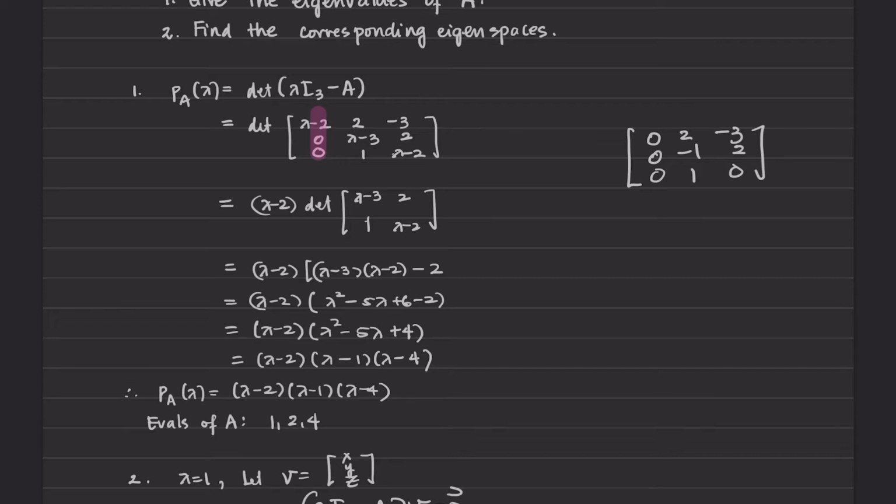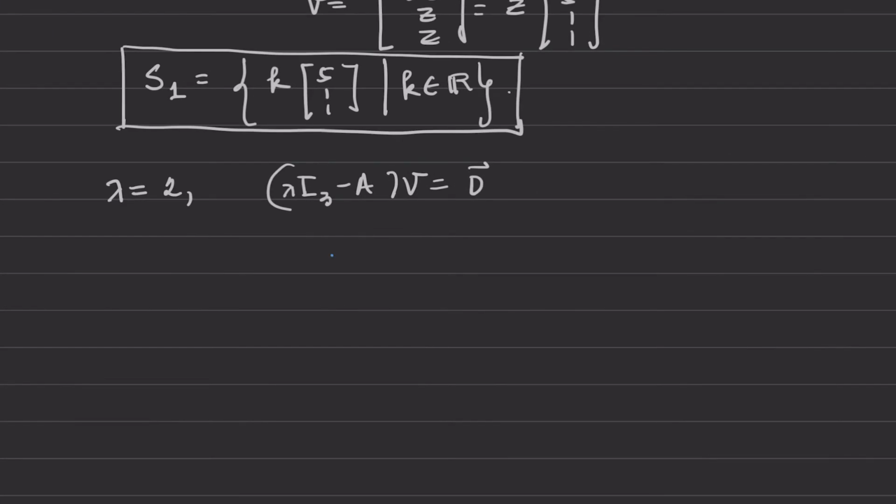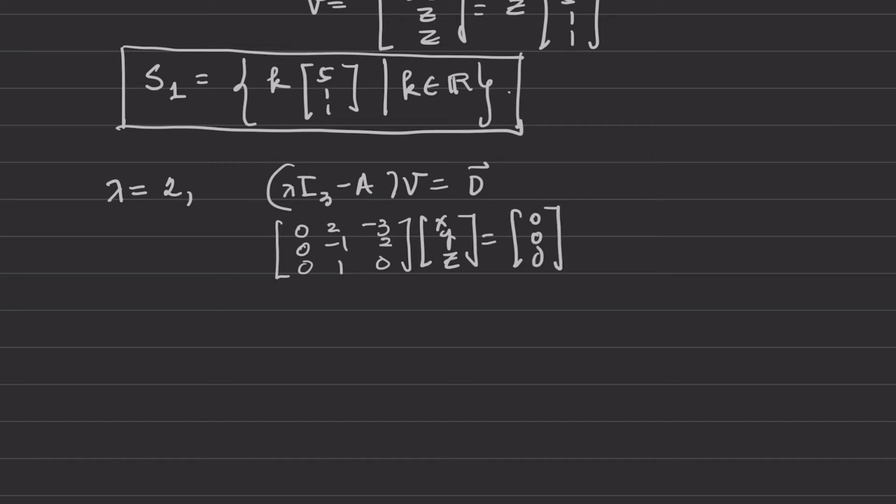Okay, so ka-copy natin ito. So, yun yung lambda I3 minus A. And then our V is XYZ equal to 0, 0, 0.